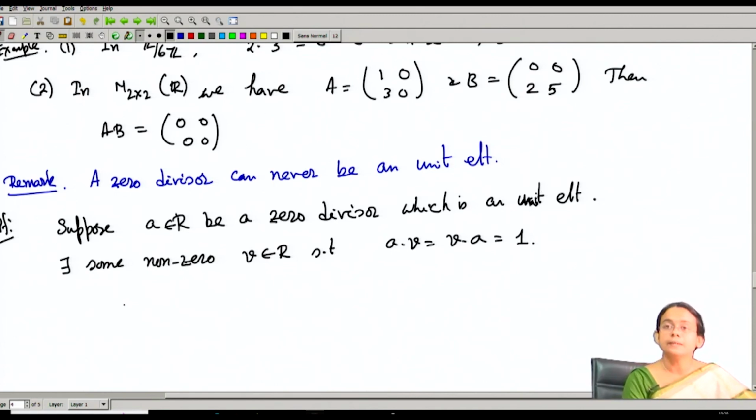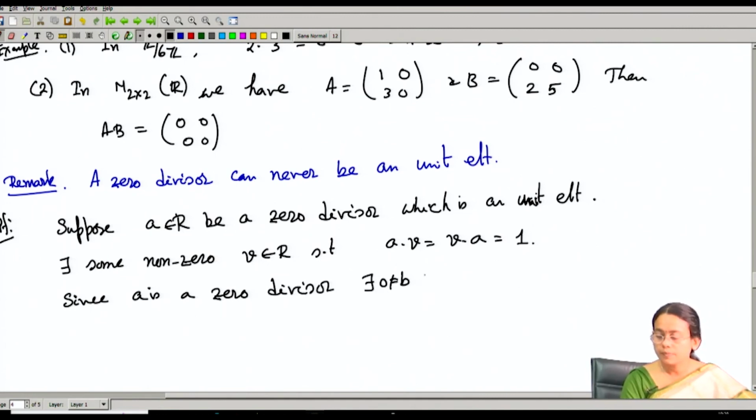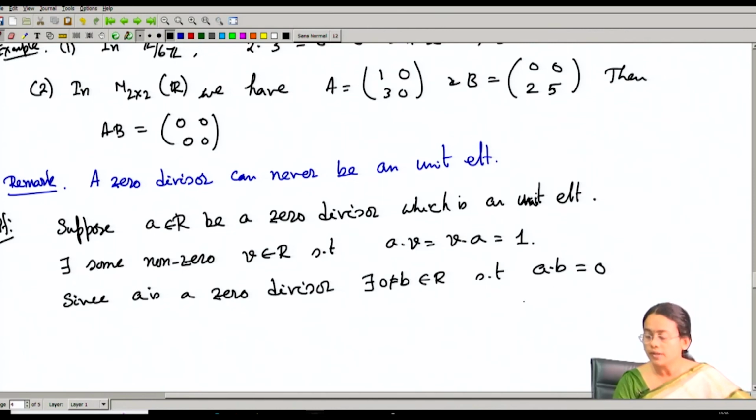And since A is a zero divisor, there exists a non-zero element B in R such that A dot B is equal to 0. So, now if I multiply this on both sides with V, then what do I get?